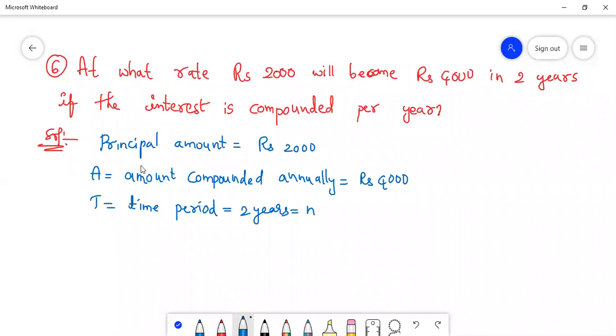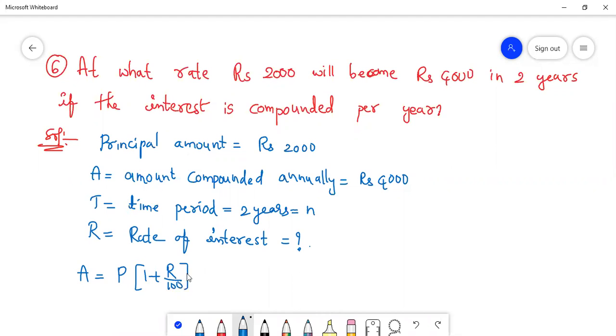And we can calculate the rate, that is capital R, the rate of interest. We know that the amount compounded annually is the principal amount into 1 plus R by 100 whole power n. It is the formula.